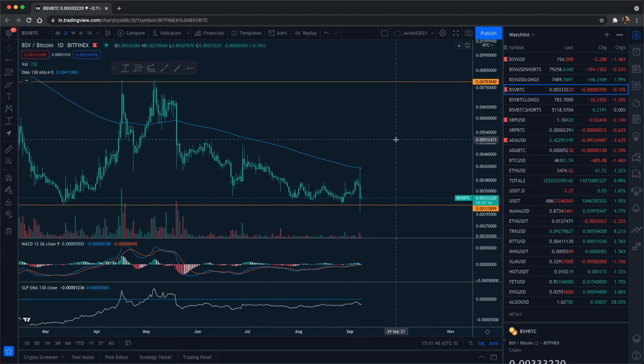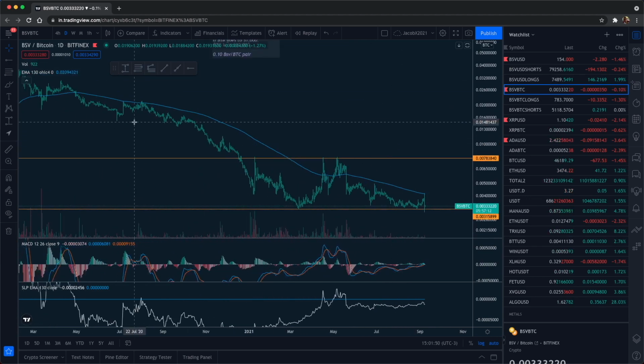And look here again. So the 130, this is why I choose the EMA 130. And I do the open, high, low, and close. So I take all the data and I put it into the line. I don't like doing close, high. I don't like picking one or two. I pick all the information so that it comes out correctly, and I take everything into consideration. The open, high, low, and close of the candles.